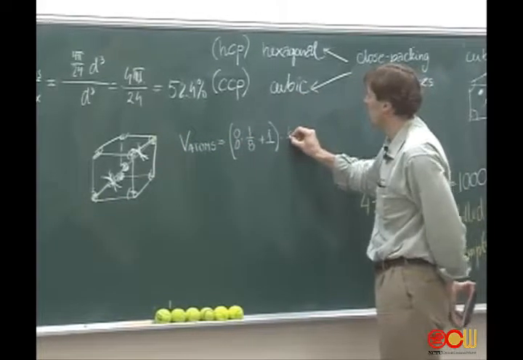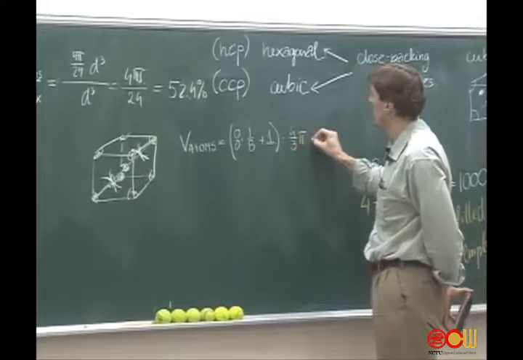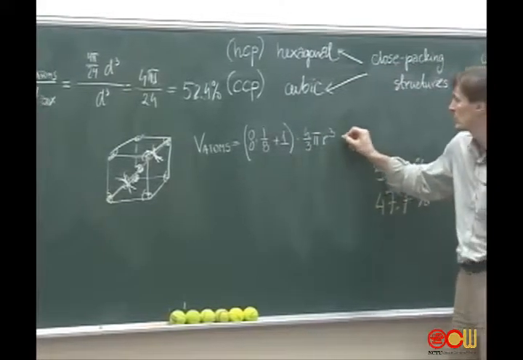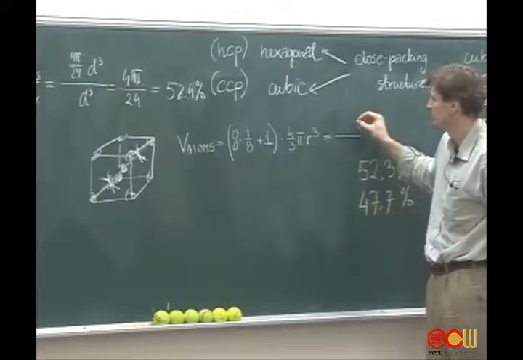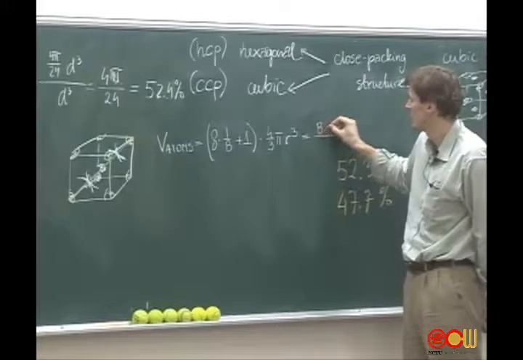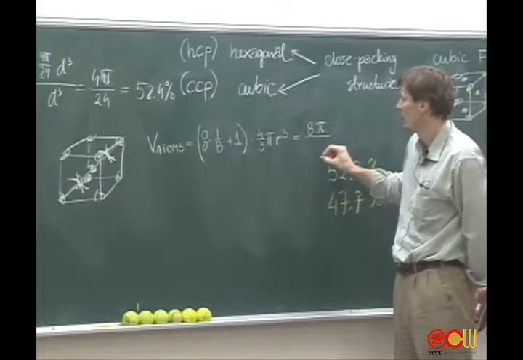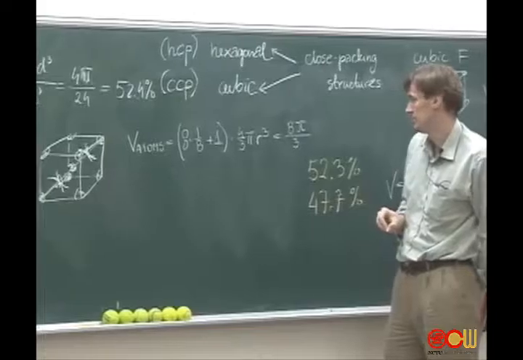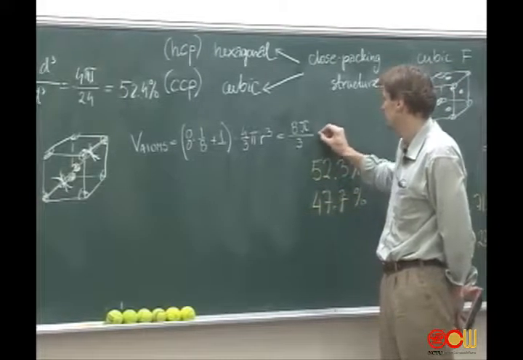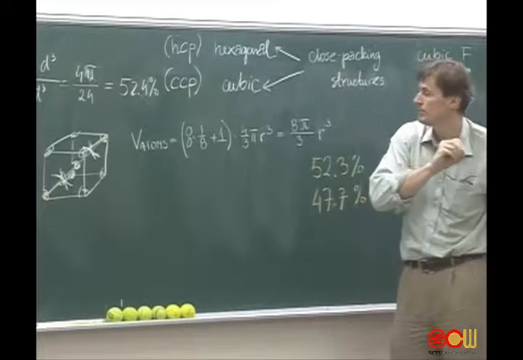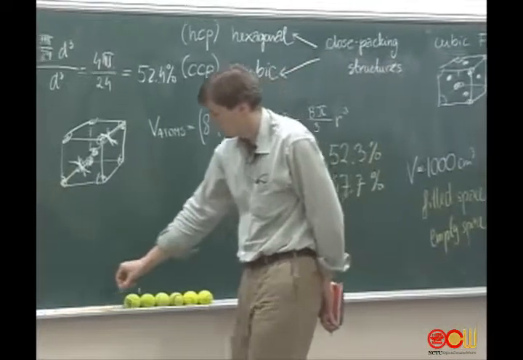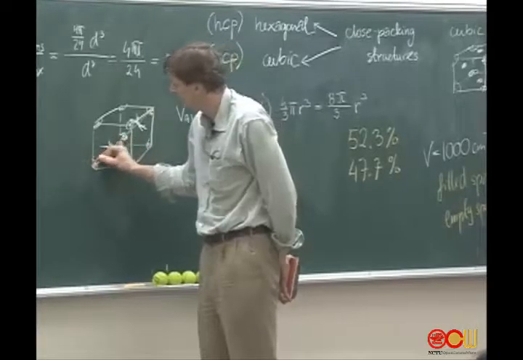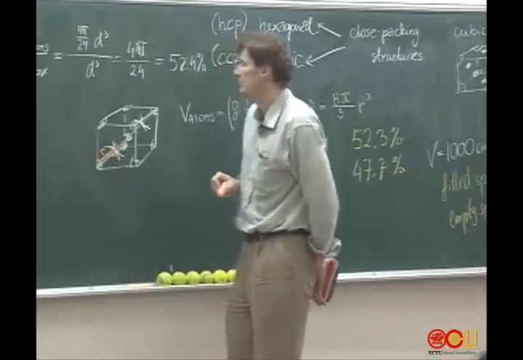It's just 2 times 4 pi over 3 times r to the power 3, which is equal to 8 pi over 3 r to the power 3, where r is the radius of the atom.